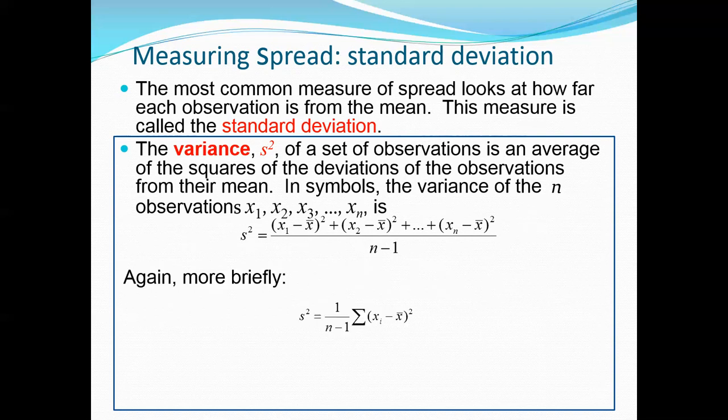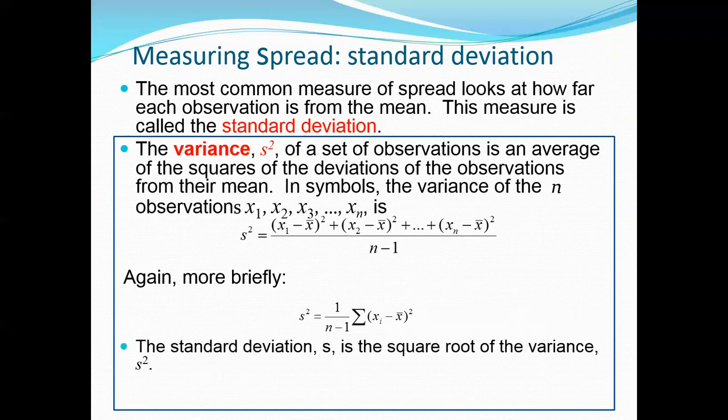Again, more briefly, S squared, or the variance, is 1 divided by n minus 1 times the sum of the differences squared. The standard deviation S is the square root of the variance, so S equals the square root of S squared.